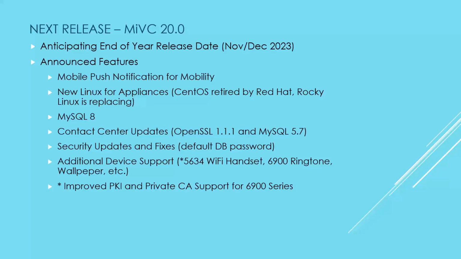So if you want to use self-signed certificates with the system, this has been something that's been preventing us from doing that, the fact that the 6900 series phones don't support the ability to add trusted third-party root certificates and things like that. So we're looking to have the ability to do that in version 20 so that we have support for internal PKI and self-signed certificates, or enterprise CA signed certificates, I should say.